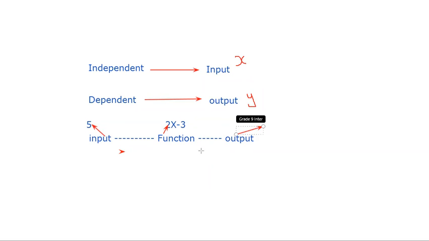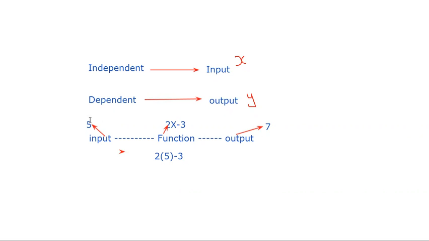We are going to replace the value of x by 5. Then it will be 2 times 5, minus 3. So this is 10 minus 3. It will be equal to 7, right?